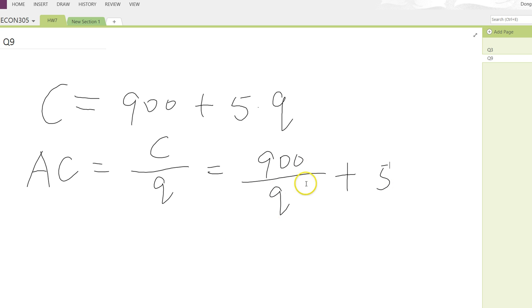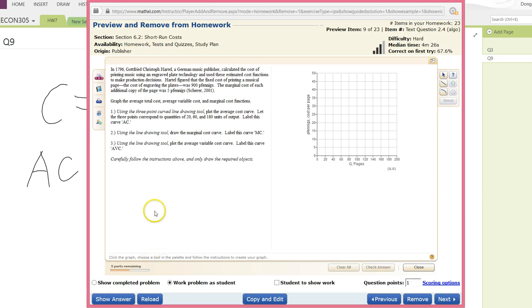And so now, given any value of Q, we can calculate this average cost. And the hint basically provides 3 quantities: 20, 60, and 180. So to plot the average cost curve, we just need to calculate the average cost for these 3 quantities of output.